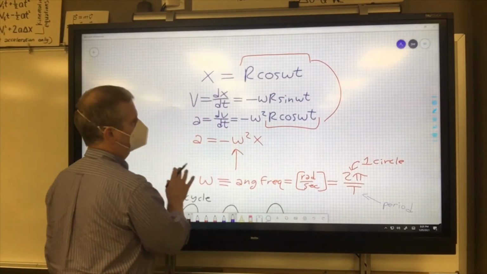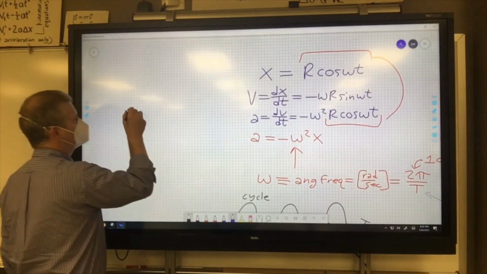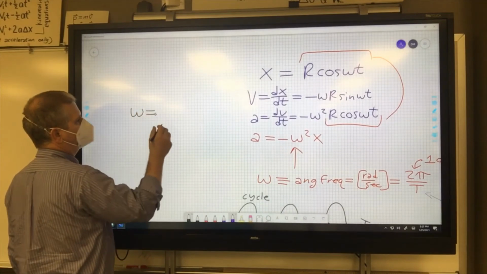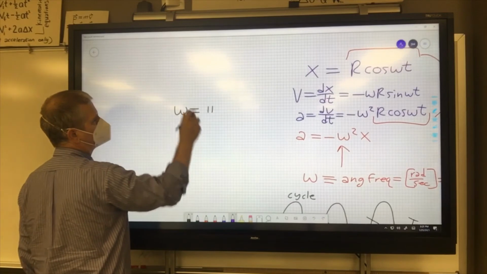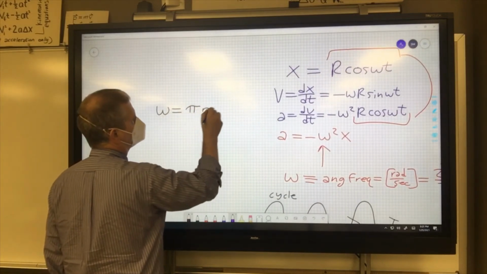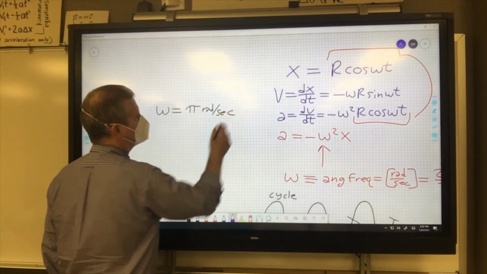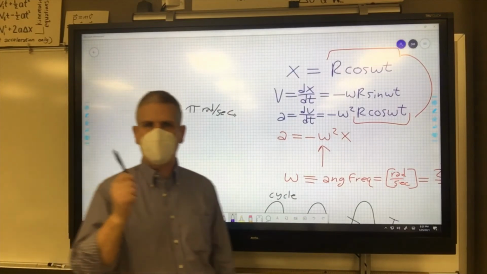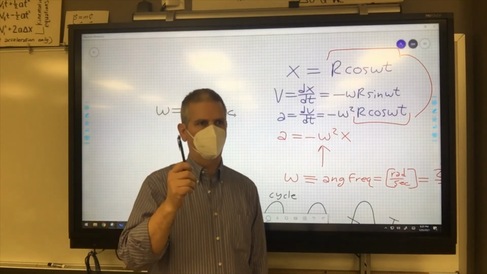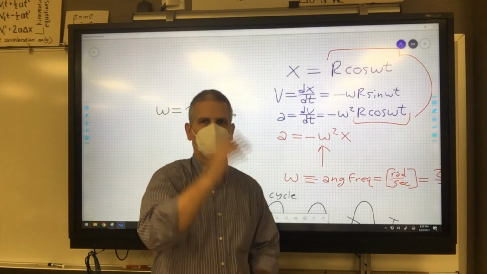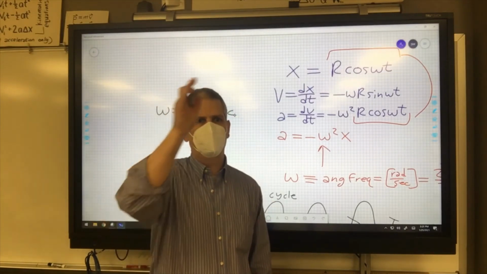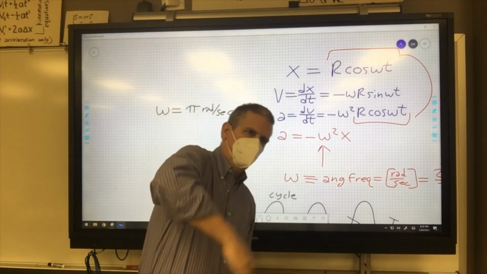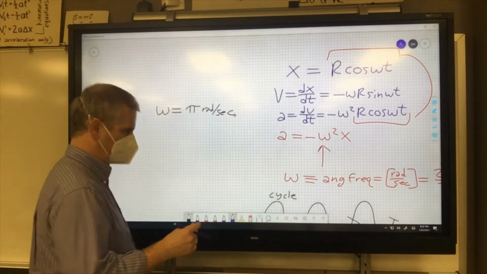For instance, if omega equals pi radians per second, which means half a circle per second, right? Pi was only half a circle. So it'd be 1 1,000, 2 1,000, 3 1,000, 4 1,000. Not doing it perfectly, but half a circle every second, right?